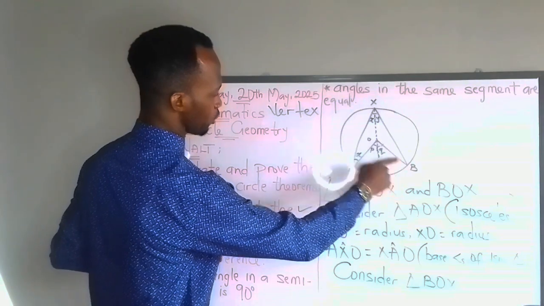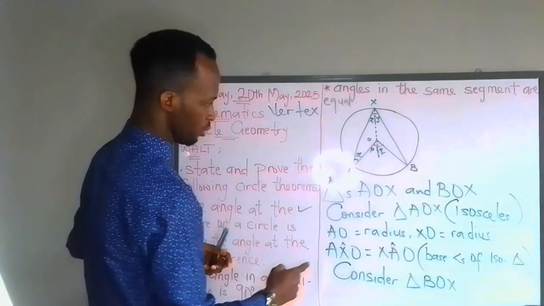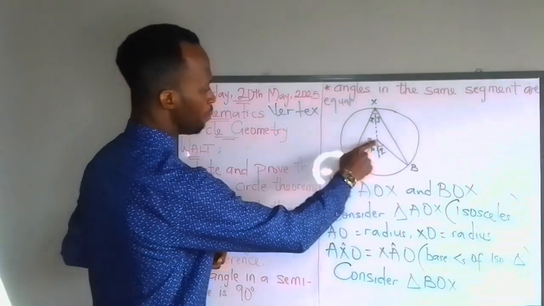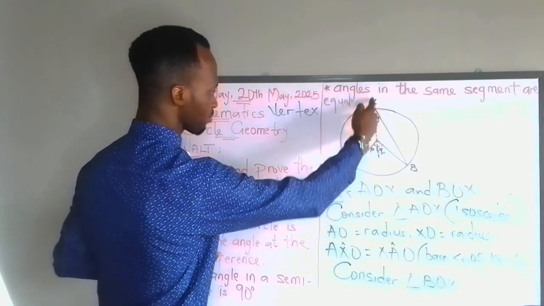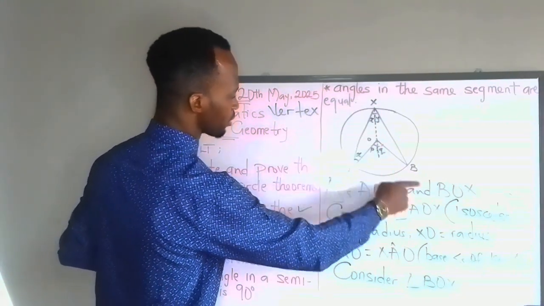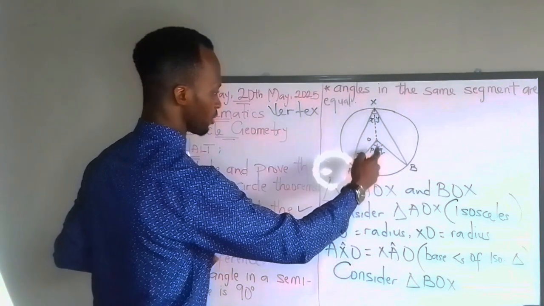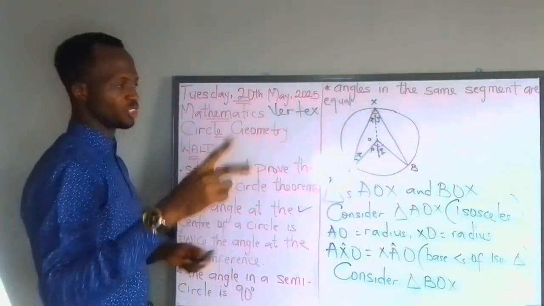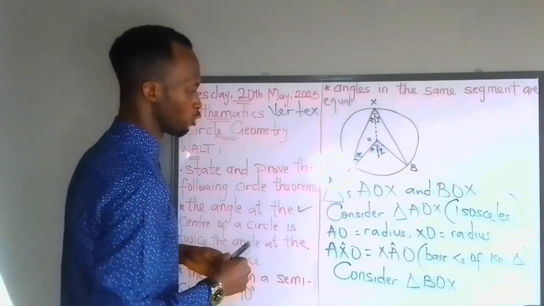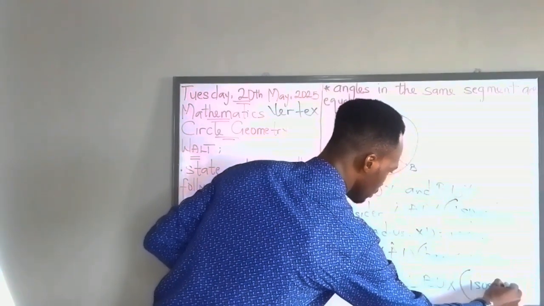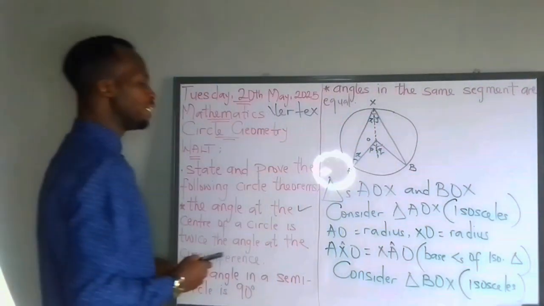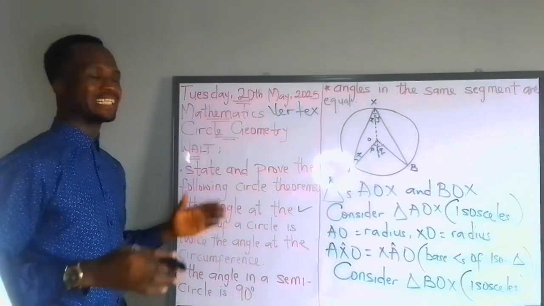So OB is a radius. OX is also a radius. So that makes two sides of this triangle equal. So that is also an isosceles triangle. So triangle BOX is an isosceles triangle.